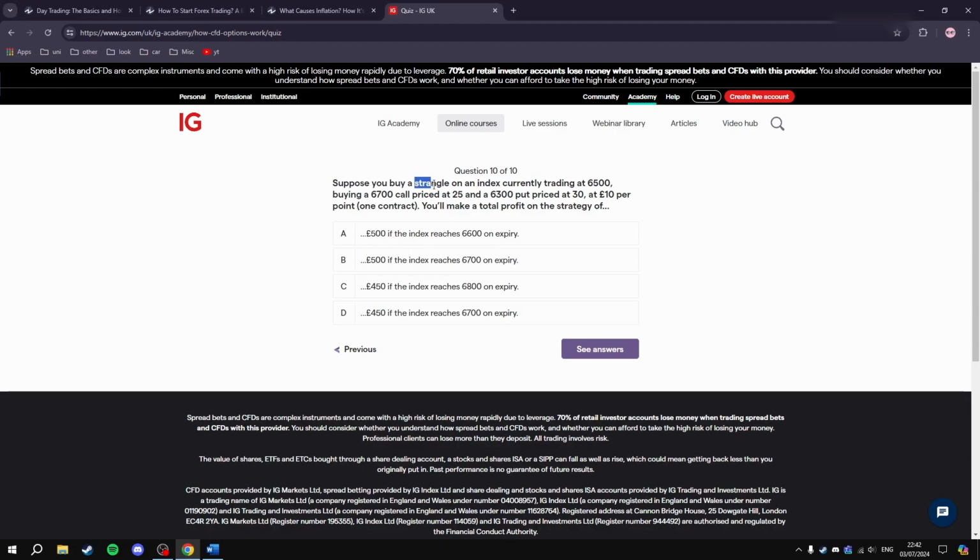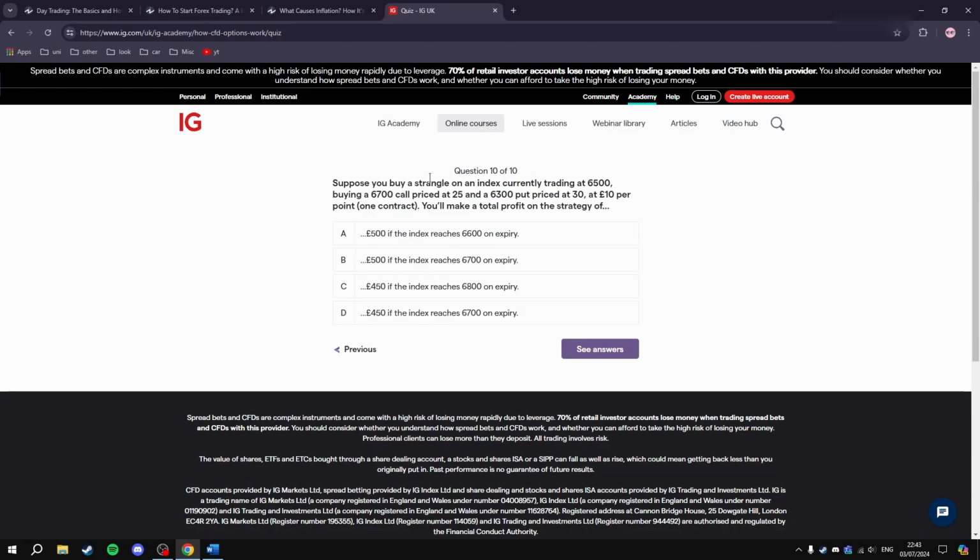So you're trying to strangle 6,500, buying a 6,700 call priced at 25, 6,300 put priced at 30, £10 per point, one contract. So £500 if the index reaches 6,600, 500 if the index 6,700. Buying a 6,700 call priced at 25.